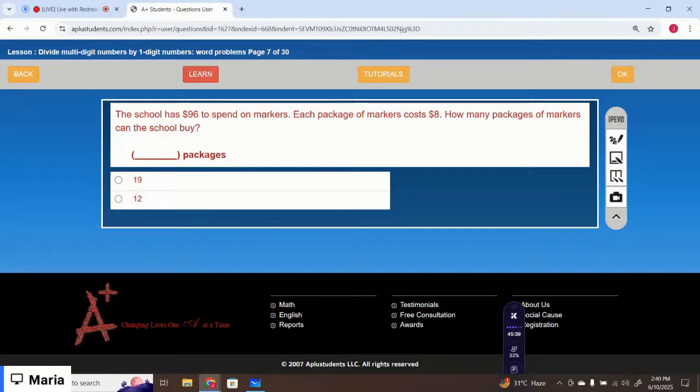The school has $96 to spend on markers. Each package of markers costs $8. How many packages of markers can the school buy?